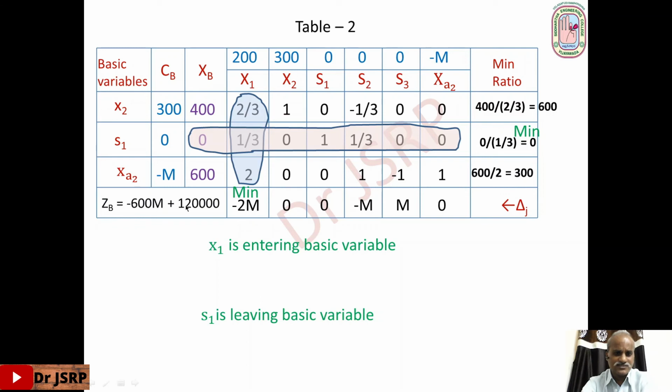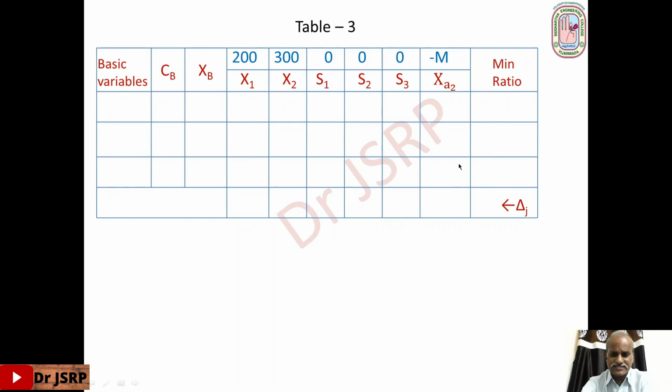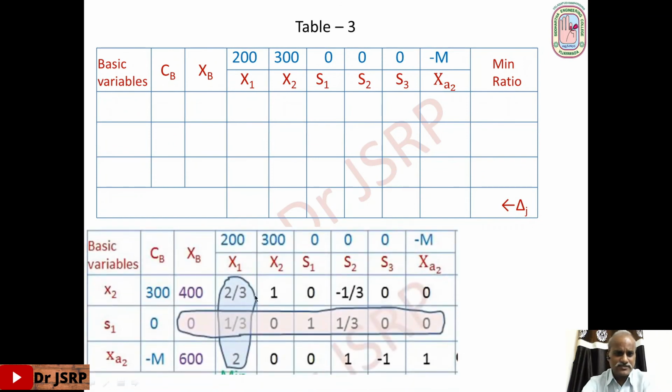This is the objective function value. Next, table 3. Take the same structure as table 2, where S1 is replaced by X1, and the other two are the same: X2 with cost 300, X1 with cost 200, XA2 with cost minus M.